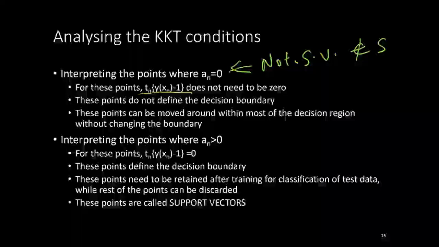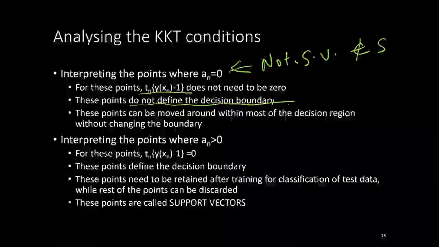It can actually be greater than 0. What that means is that they are further away from the margin. These points do not define the decision boundary, because for them a_i is 0. These points can be moved around so long as they do not cross the margin, and the boundary of the support vector machine will not change.